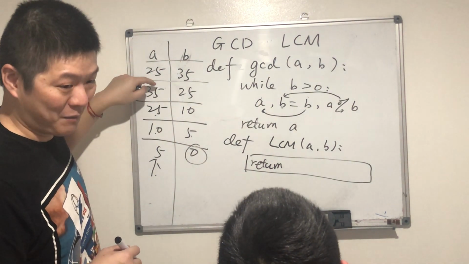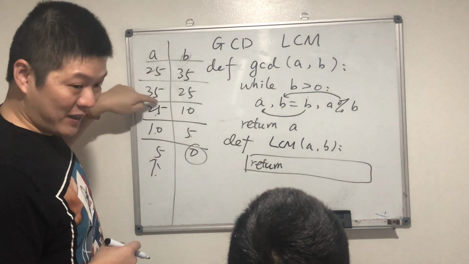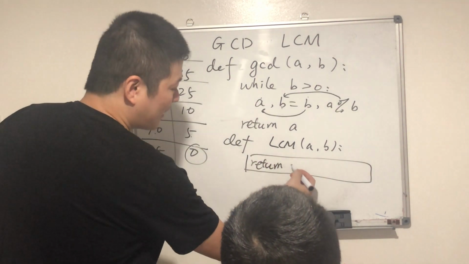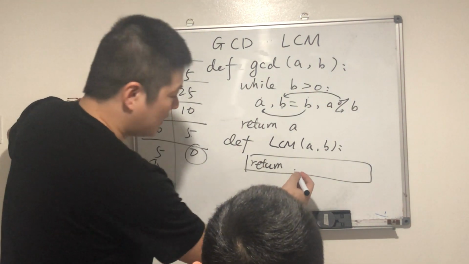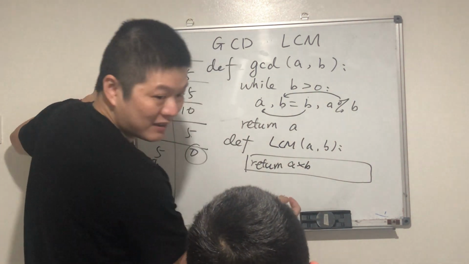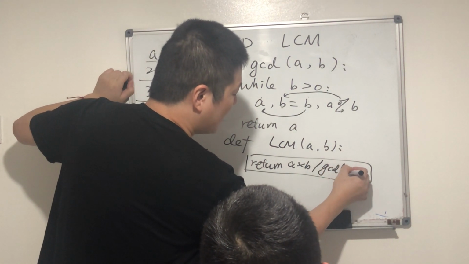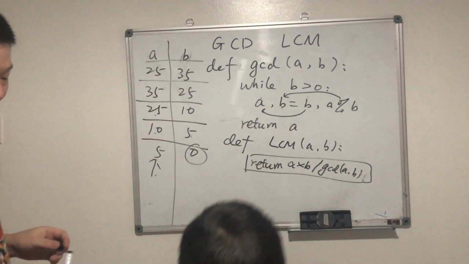It's a big number: 25 times 35 divided by the greatest common divisor. So return A times B divided by GCD of A and B, right? You see?